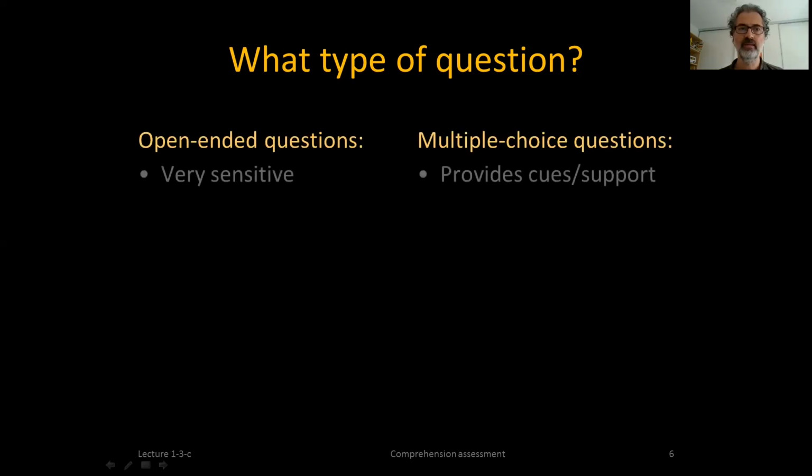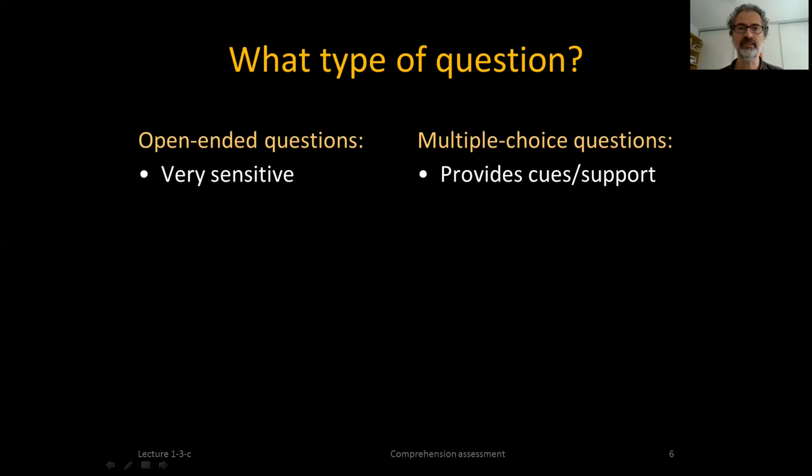Open-ended questions can be very sensitive in the sense that in order to be answered correctly, the person must have a sufficiently rich and stable representation of their situation model for the passage that they can draw on in order to formulate and then produce a response. So if anything is weak in this procedure, the answer will not be of high quality. And an open-ended question can therefore detect even slight weaknesses.